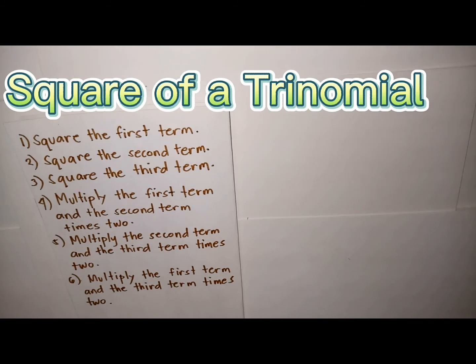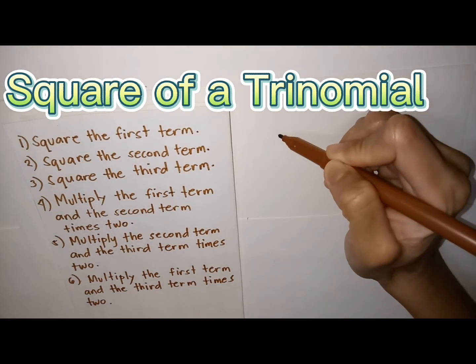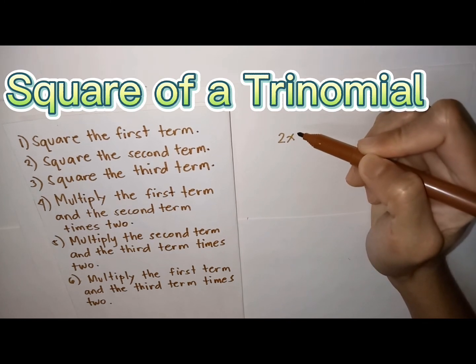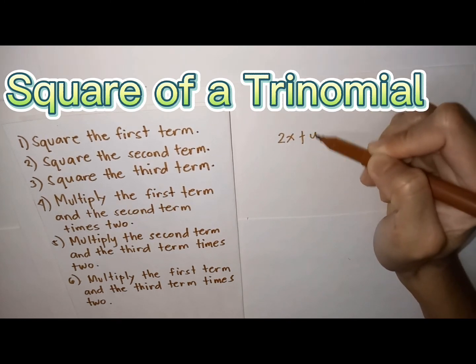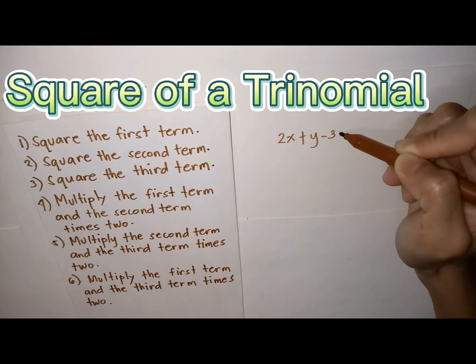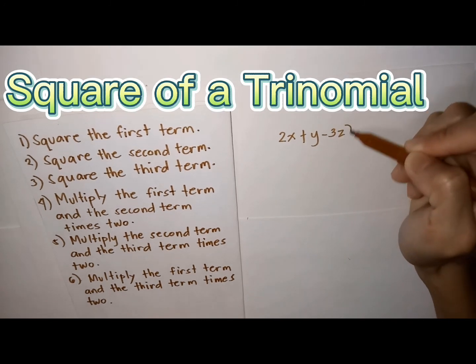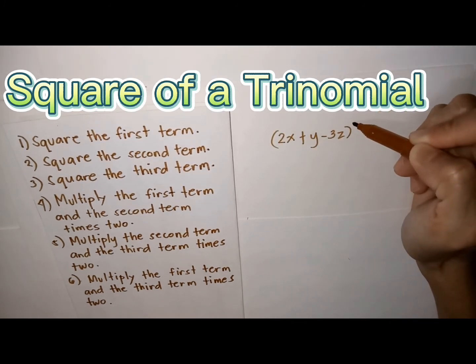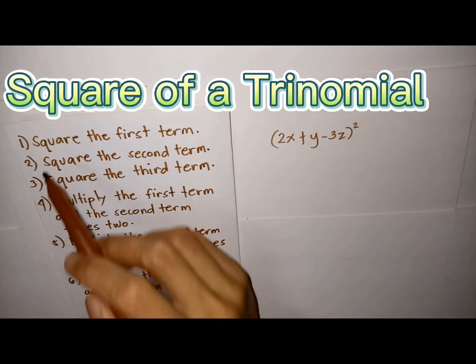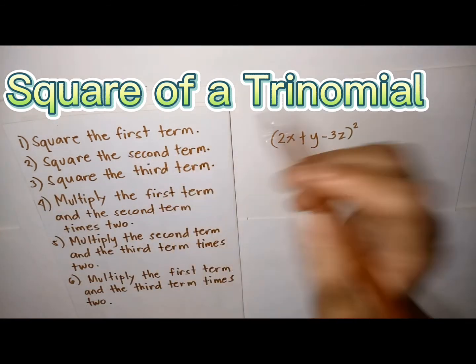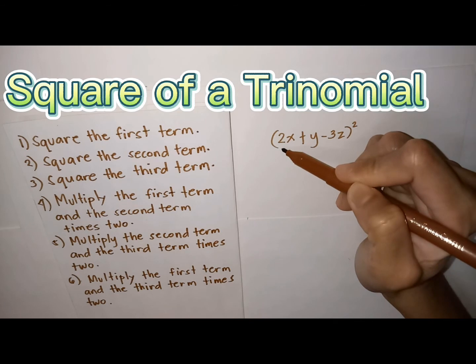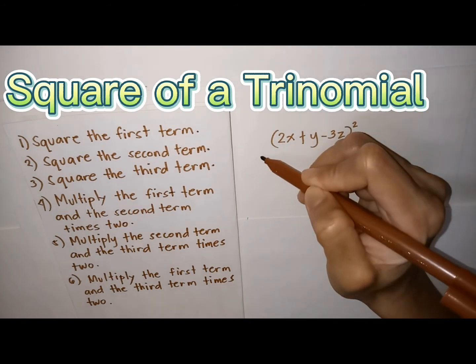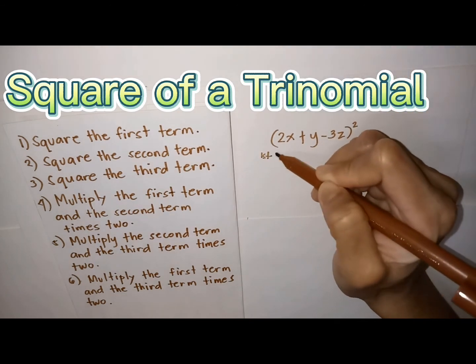For our next example, we will do it step by step so that you will understand it more. So our trinomial is 2x plus y minus 3z. So let's square this expression. So first step, square the first term. So our first term is 2x. So we have our first step.